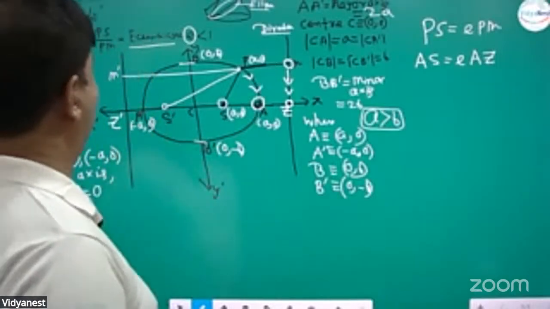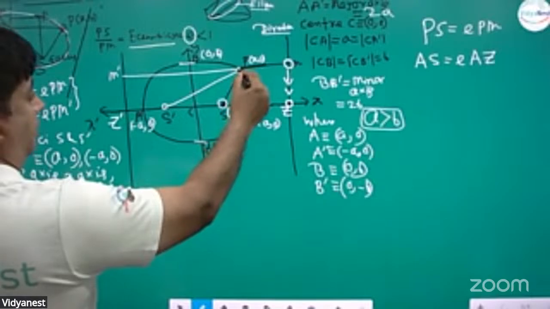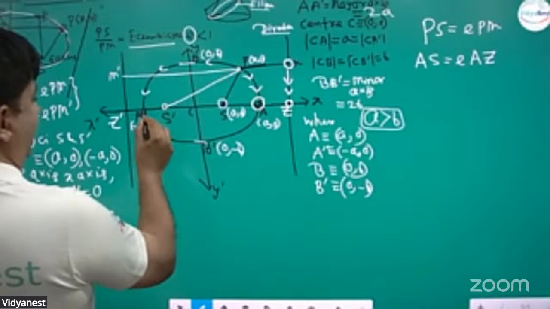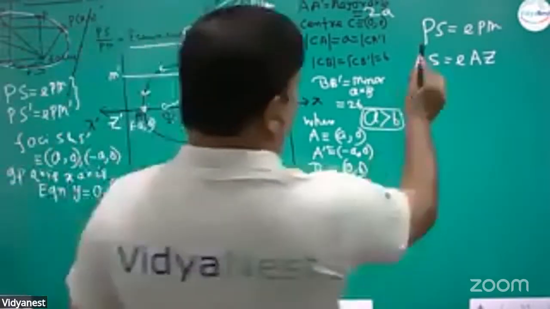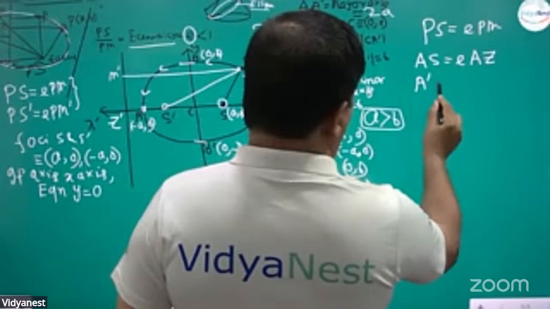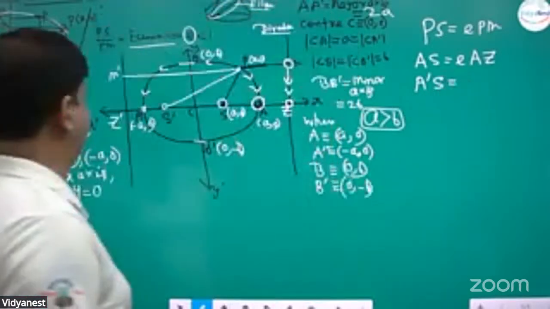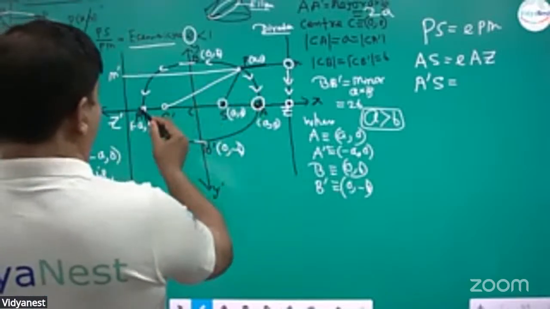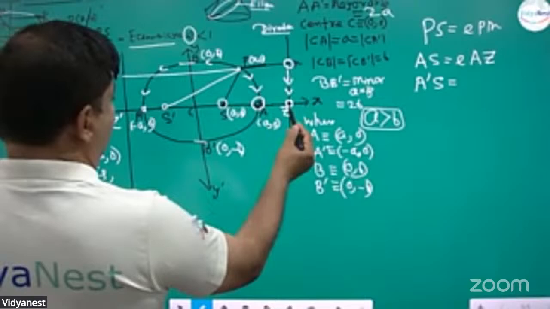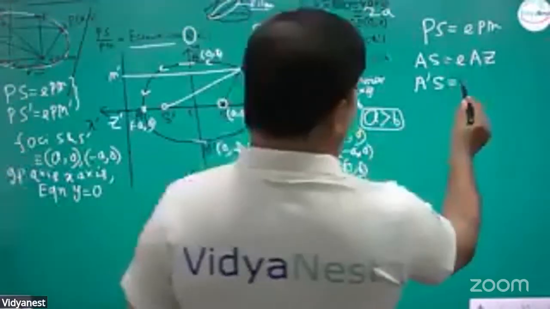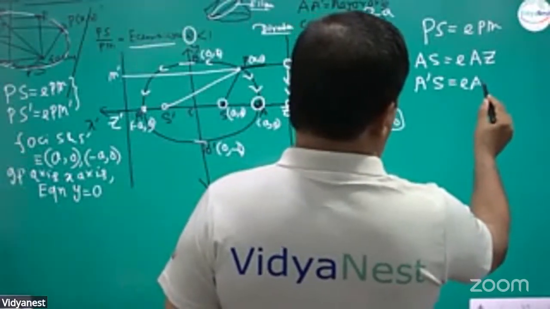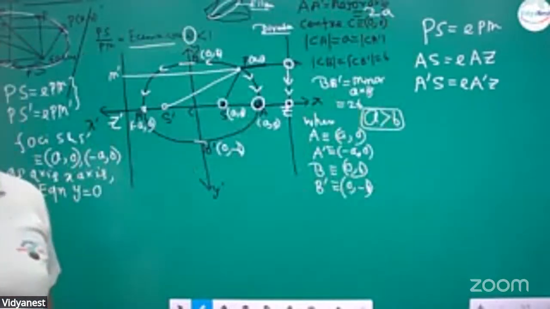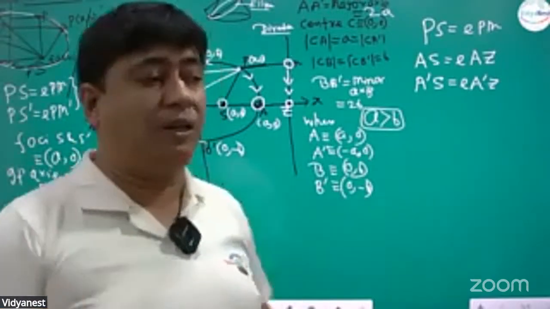in the same manner, the point can move in this direction, and once it reaches A dash, in that case I will write A dash S is equal to e A dash Z, when the point P comes here and M reaches Z. Now, how are we privileged by this result?